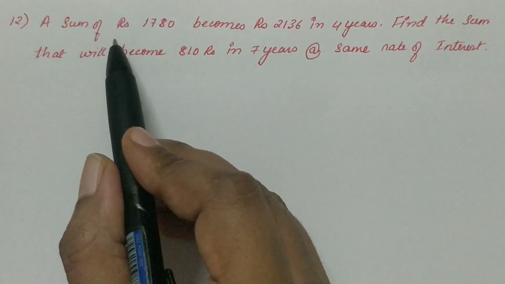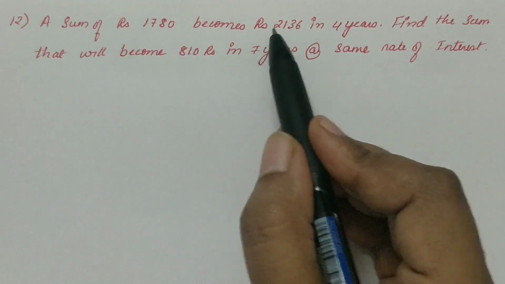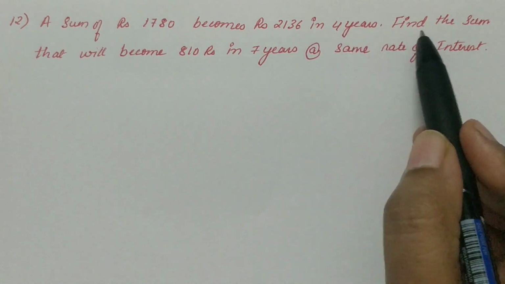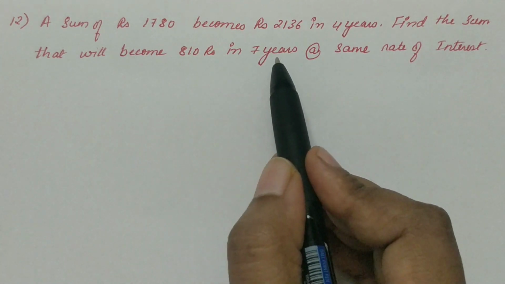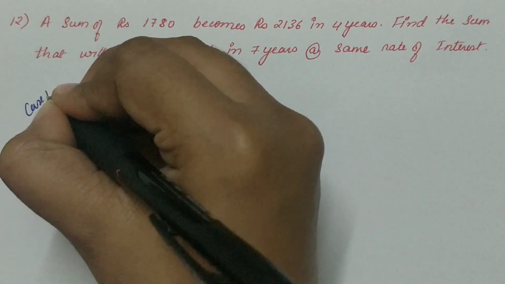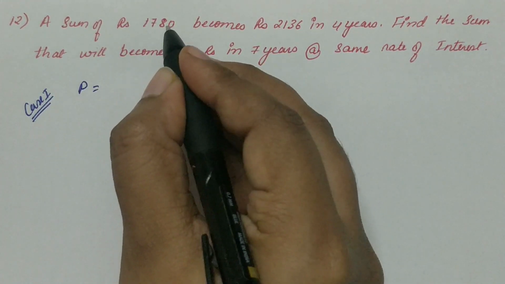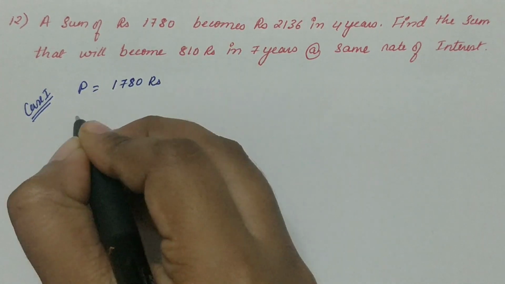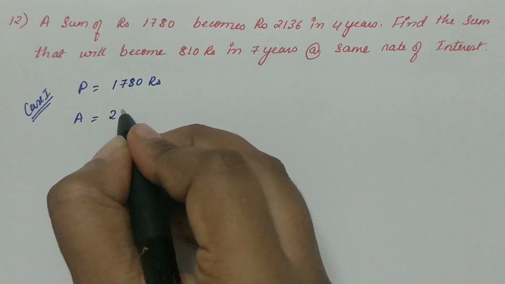12th one, a sum of rupees 1780 becomes rupees 2136 in 4 years. Find the sum that will become 810 rupees in 7 years at the same rate of interest. In case 1, given principal equals 1780 rupees, amount equals 2136 rupees.